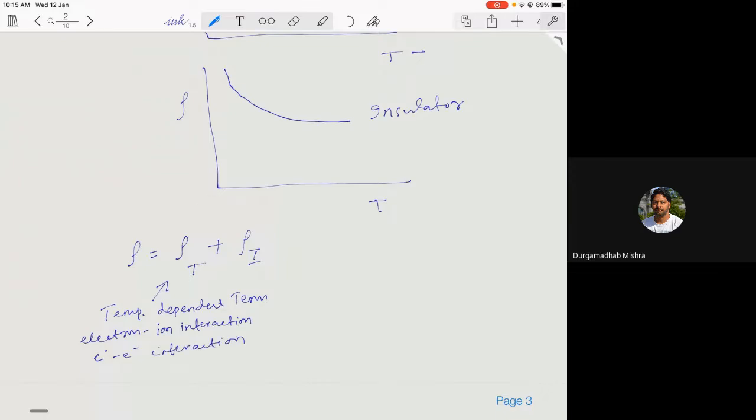So electrons can get scattered. Resistance is due to scattering of the electrons, and electrons can get scattered due to the atoms or ions that are present in the lattice sites. And why would they get scattered? Because these atoms are vibrating around their mean position, so they have a thermal vibration. These electrons will get scattered due to those thermal vibrations.